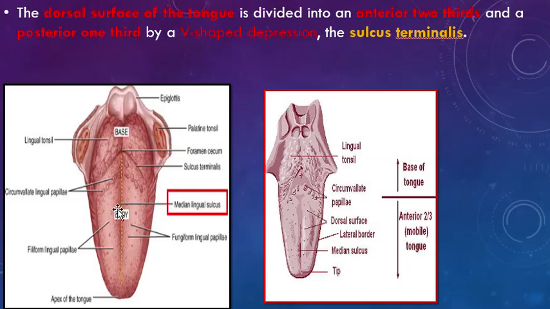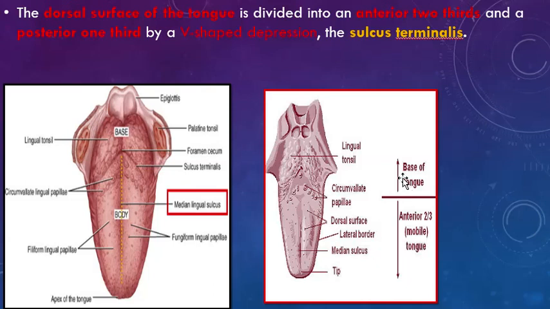The dorsal surface of the tongue is divided into an anterior 2/3 and a posterior 1/3. The anterior is the mobile tongue.